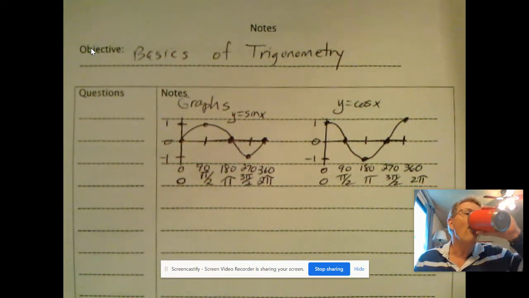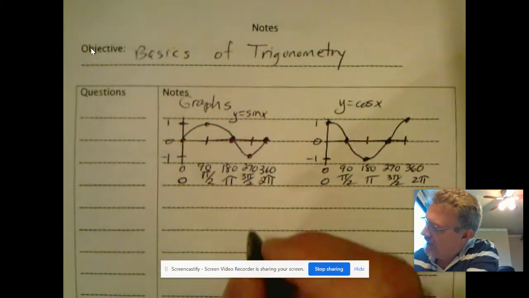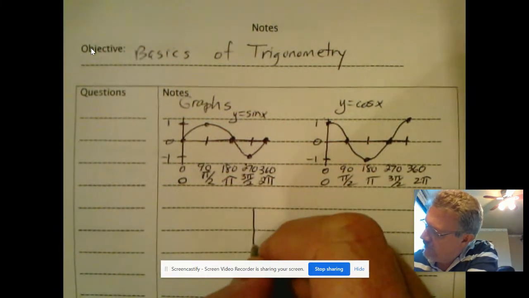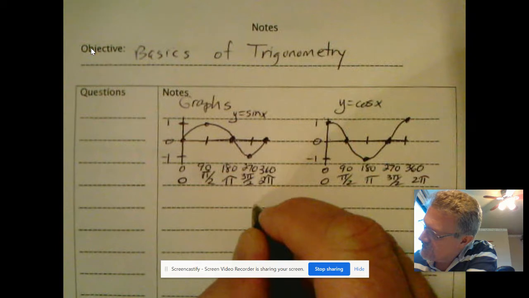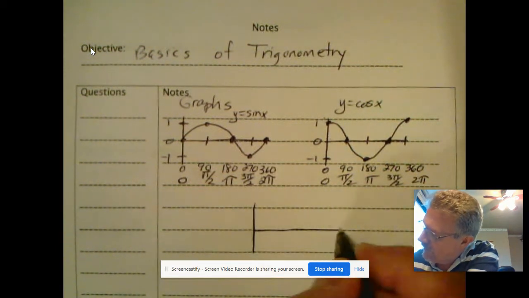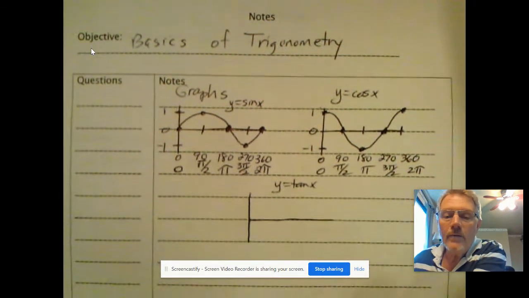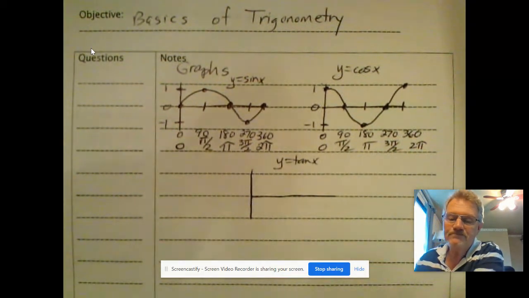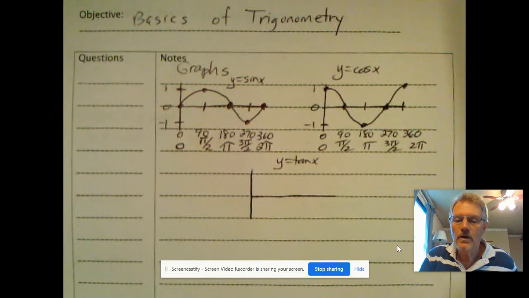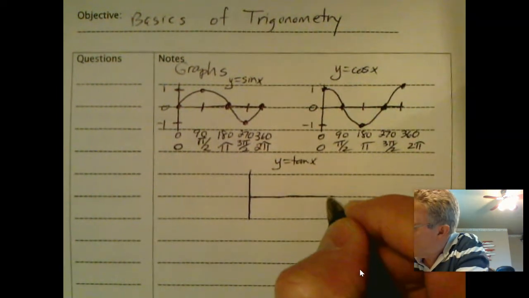All right, and then the third graph is a tangent graph. The tangent graph is also split into 4 sections.